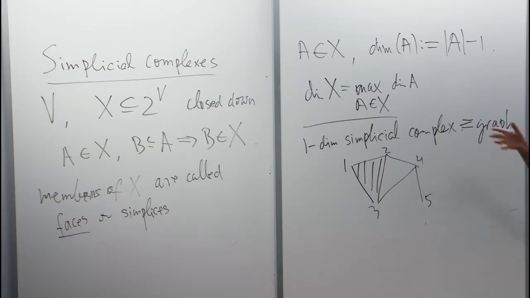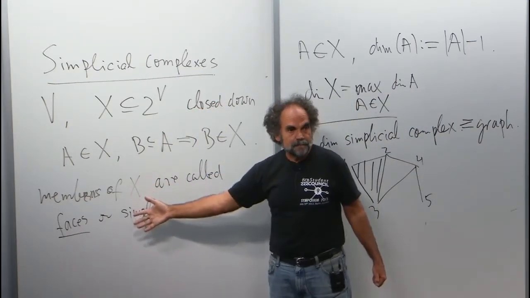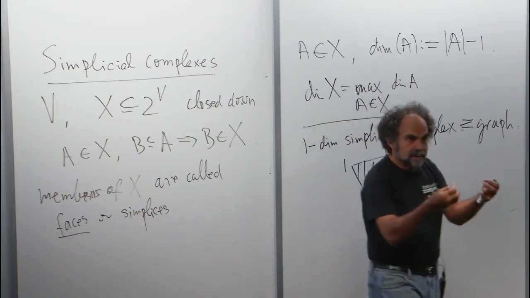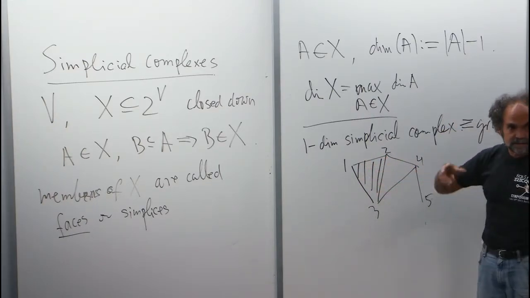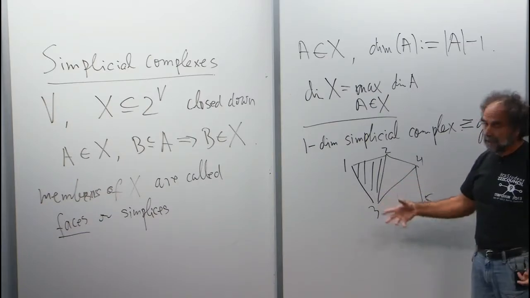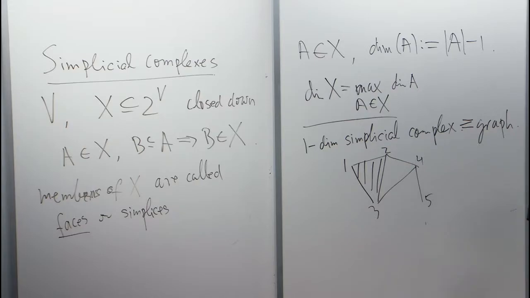Because if you really interpret simplices to be really geometric simplices, so a triangle is a 2-dimensional simplex, a tetrahedron is a 3-dimensional one, and you just create them and you glue them together in the right way. This gives you a way to represent geometric objects, potentially quite complicated geometric objects.